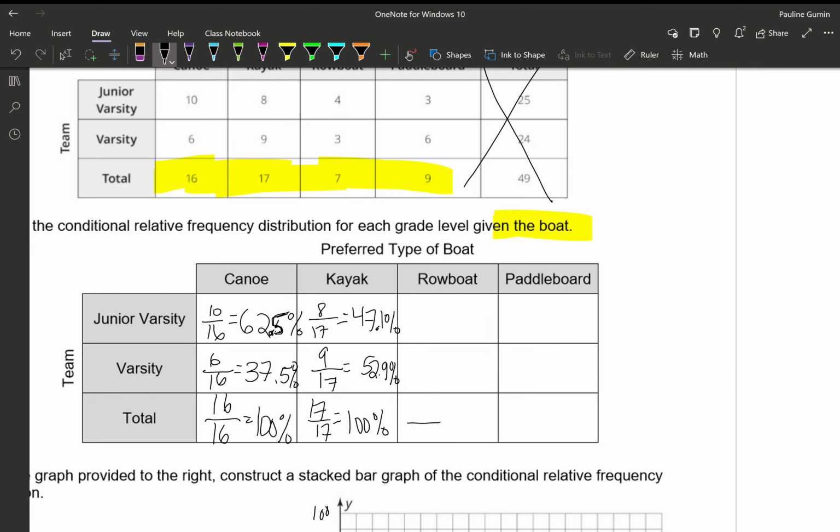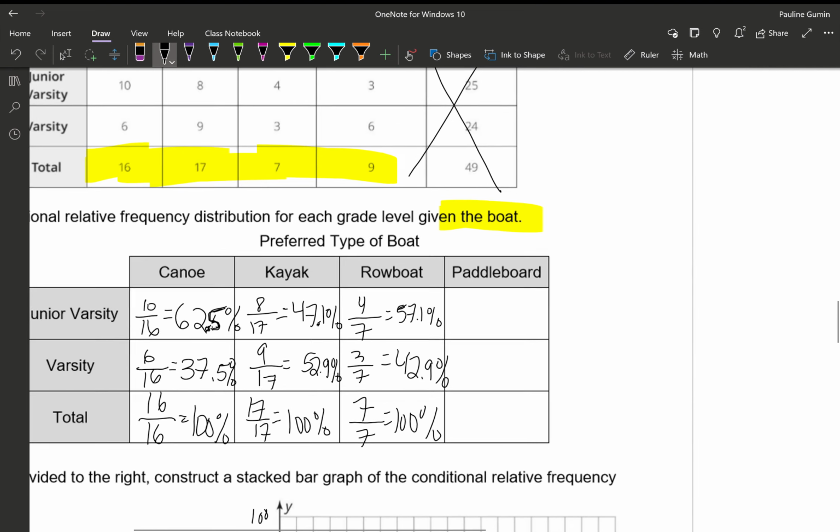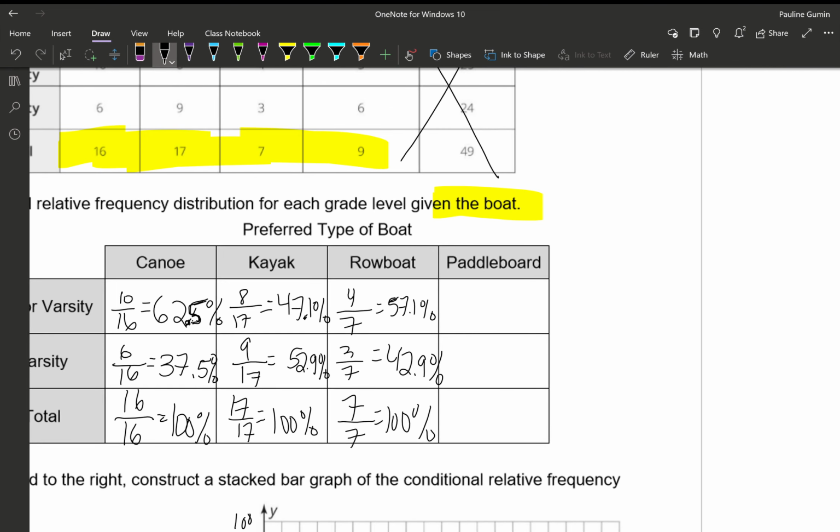Rowboat had a total of 7, so 100% in this column. 4 out of 7 junior varsity, 57.1, and 3 out of 7 for varsity, 42.9. All right, lastly, our paddle boat.